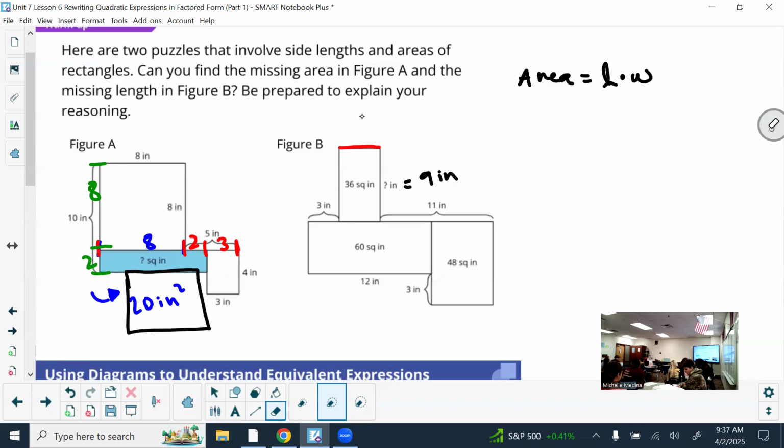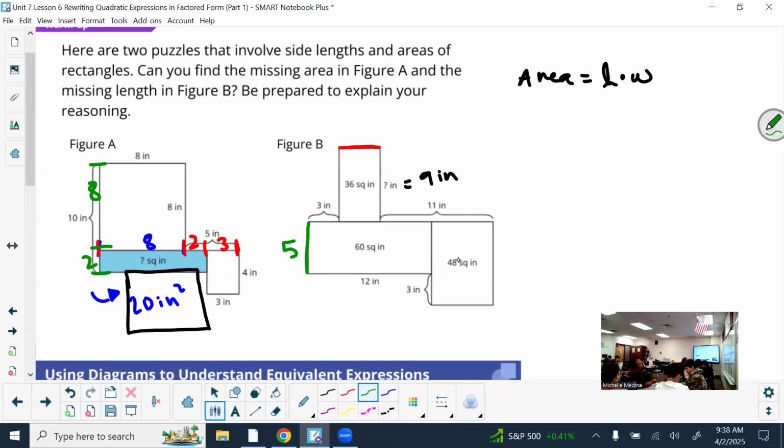Right now, the only measurement you can readily figure out with what they did provide is this side length, because they give you the area of that rectangle and they tell you that one of the dimensions is 12. What times 12 will give us 60? So this side is 5 inches. Still not helping me get this one, but you'll see.